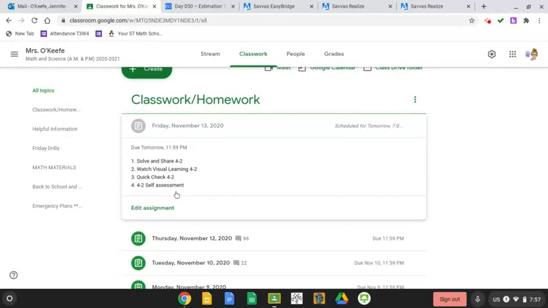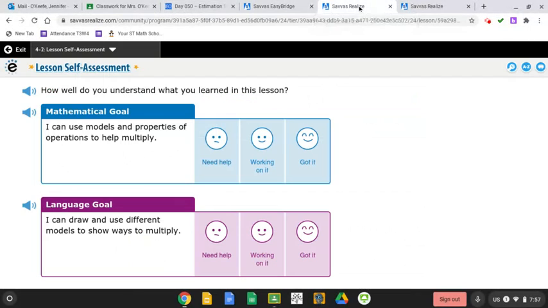After you're done, the last thing I want you to do is the 4-2 self-assessment. The 4-2 self-assessment is really just a guide to let me know how you did with this lesson. Basically, like I've been saying, if topic 3 was a piece of cake for you, then this topic still should be pretty easy because we're still using a lot of the same strategies and ways of multiplying, even though we have more digits.